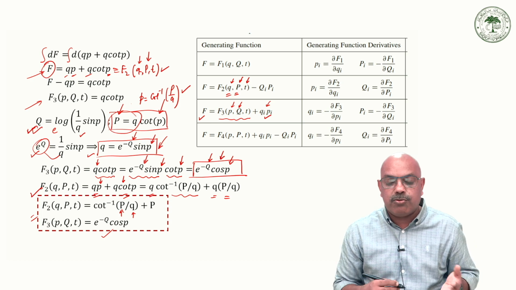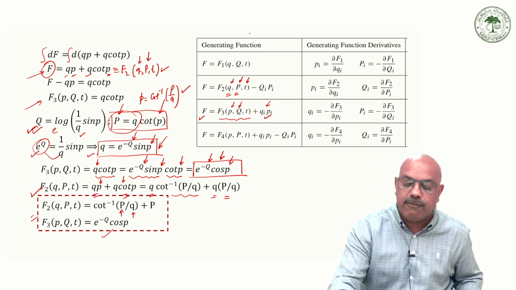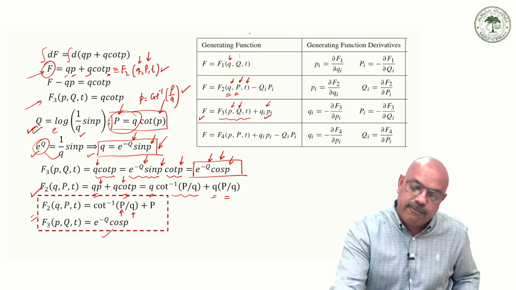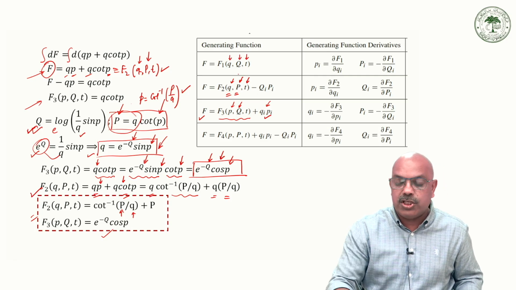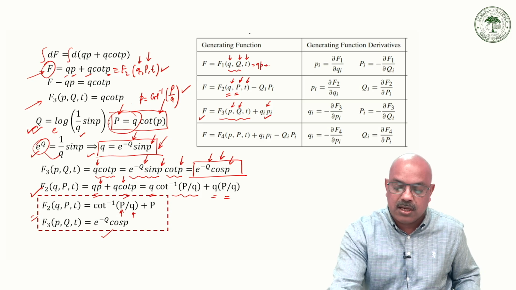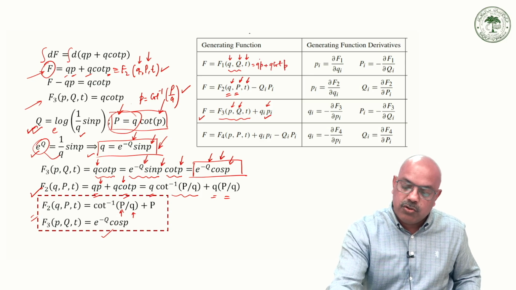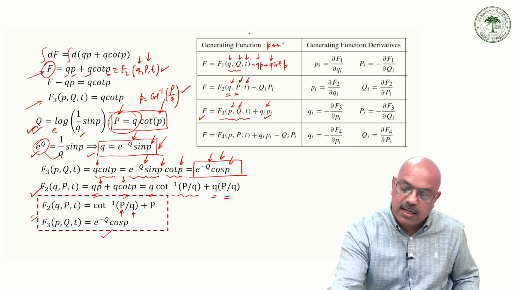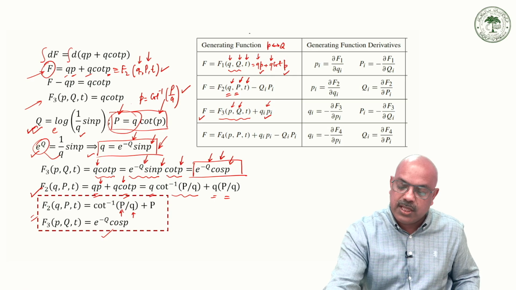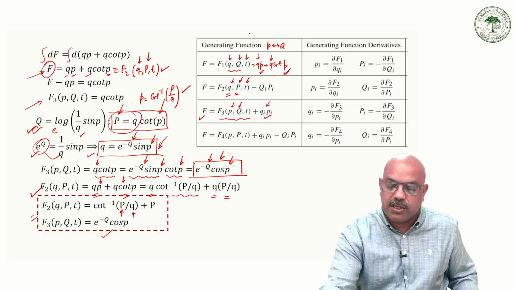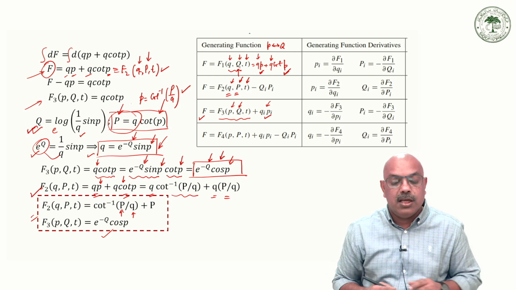In the same way, if you try to find your generator in terms of the f1 generator, you see f depends upon a small q and capital Q, but this is my qp plus q cot p. So a small q is there, but you need to find the relation between this small p and capital Q, so that you get rid of this small p from the expression and your dependence comes upon a small q.